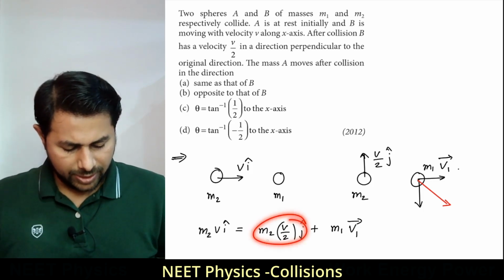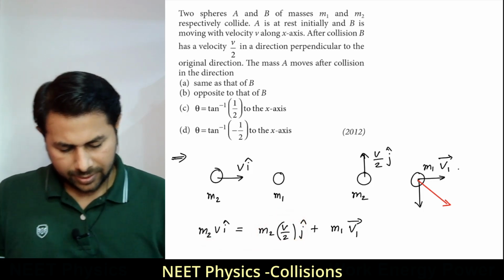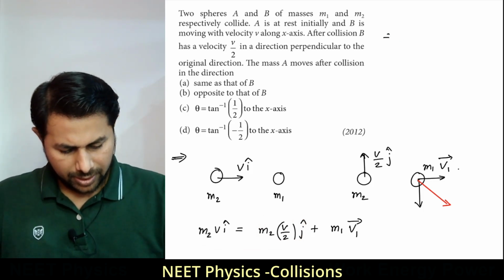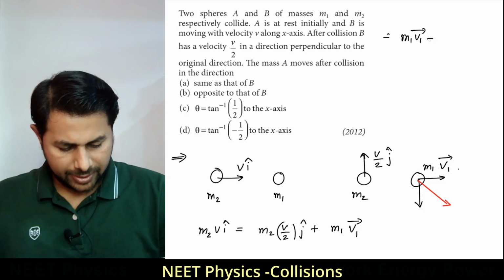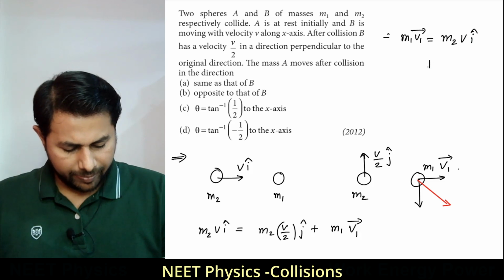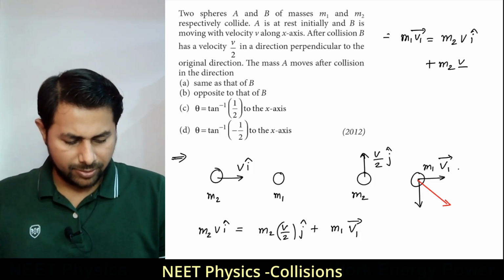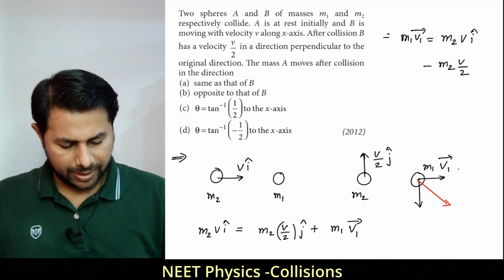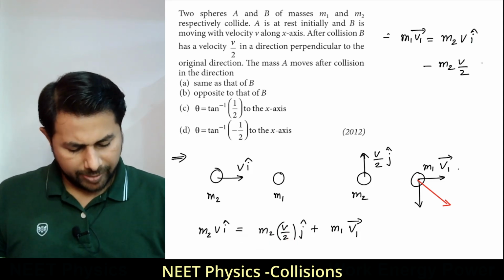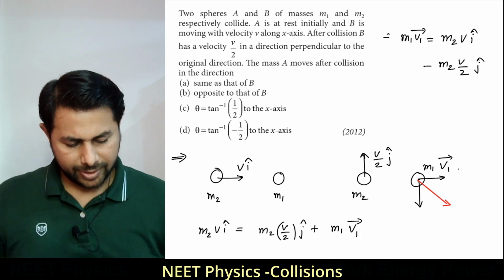Then you can move this m2 term to this side, and therefore m1 v1 bar is equal to m2 times v into i cap minus m2 times v/2 into j cap, because when it moves to the other side, it becomes negative.